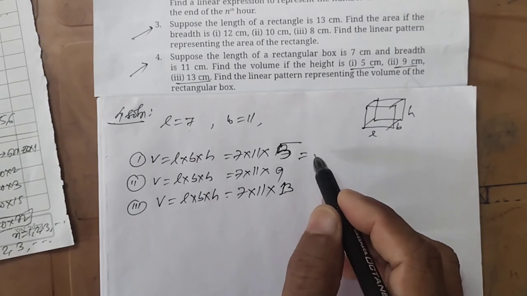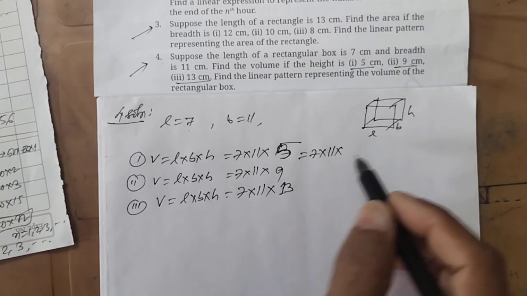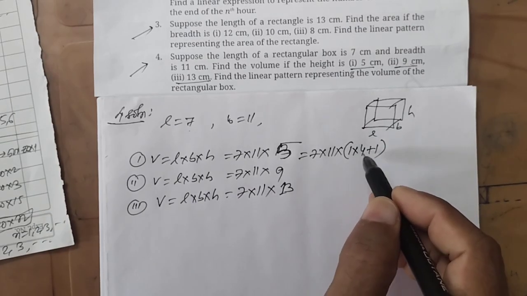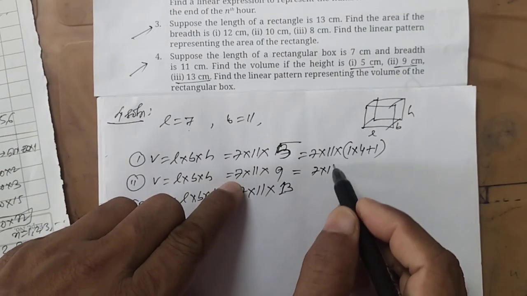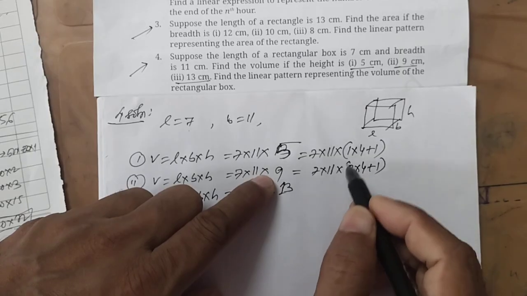You see how to find the linear pattern. 7, 11 fixed. This 5 I can write as 1 times 4 plus 1. You see, 1 times 4 is 4, 4 plus 1 is 5, correct. Here again 7 fixed, 11 fixed, 9 I can write as 2 times 4 plus 1.